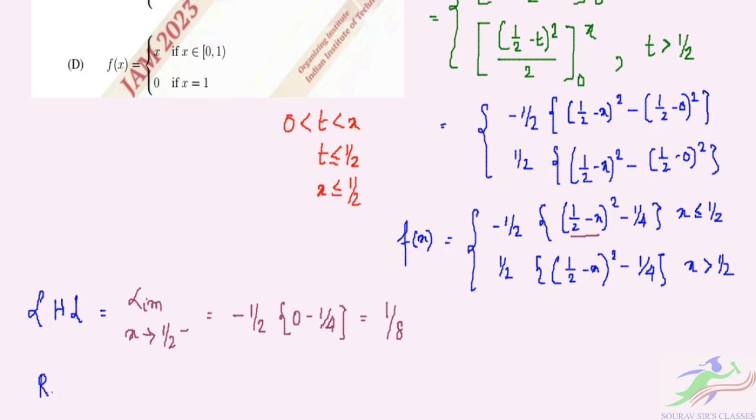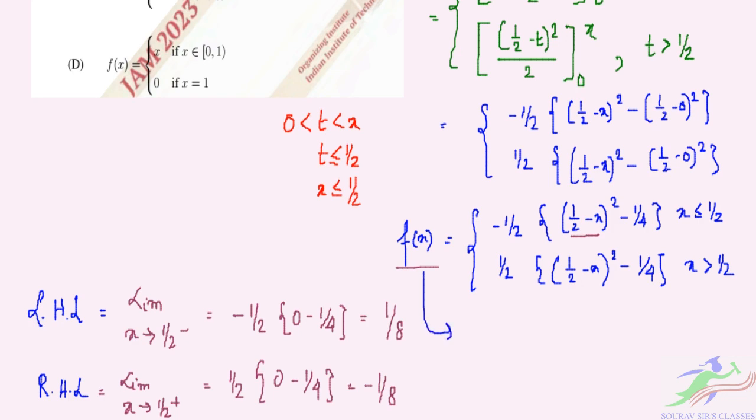Similarly for the right hand limit, limit x tends to half plus. Again for x greater than half, this half plus, it will be 0 again, so 0 minus 1/4, we have minus 1/8. And what is the value of the function f at half?